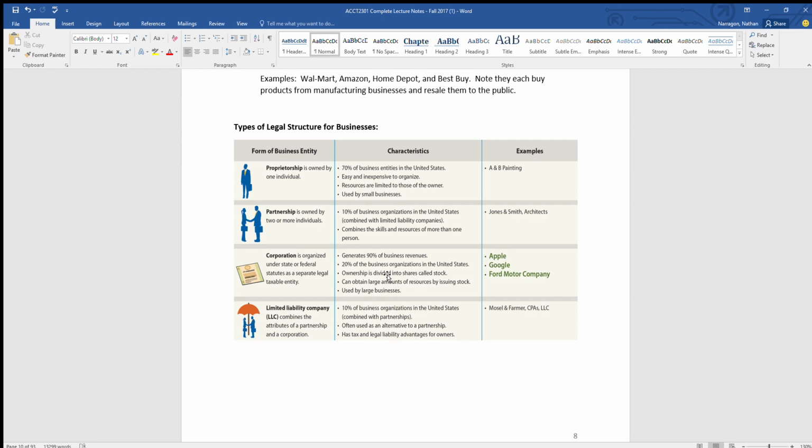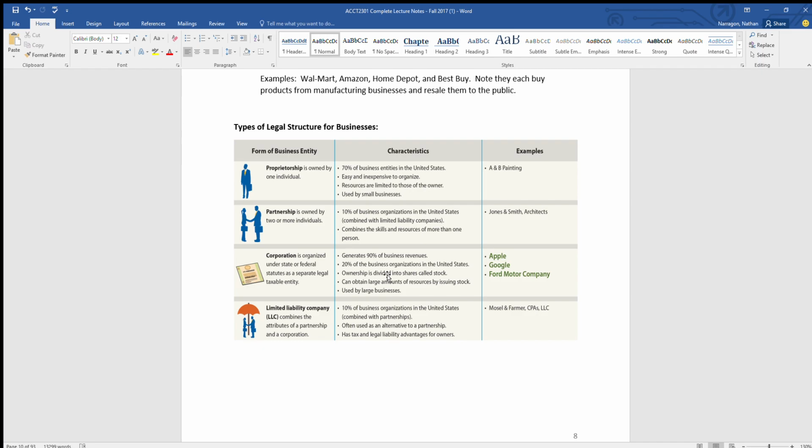They have a lot of money to go out, and they usually give out dividends in stock to them. So mostly anything on the stock exchange is a corporation. And they can basically get large amounts of financing very quickly.